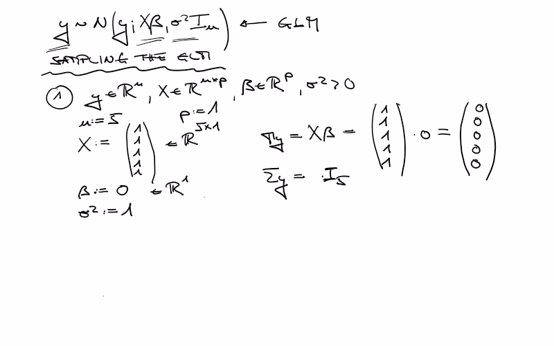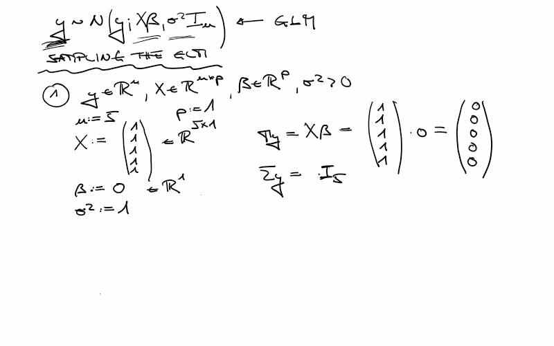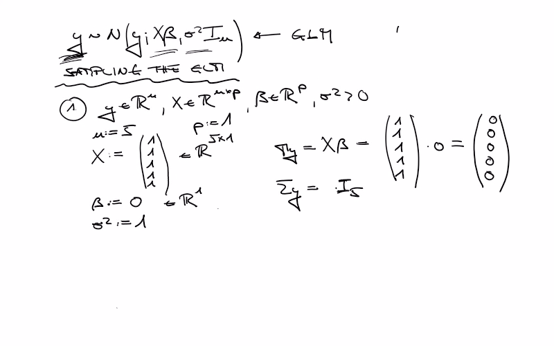A spherical covariance matrix means that the components of this multivariate random entity are independently and identically distributed. That was the stuff that we saw last time, where the density was given by the product of these. And then we came up with the spherical covariance matrix.